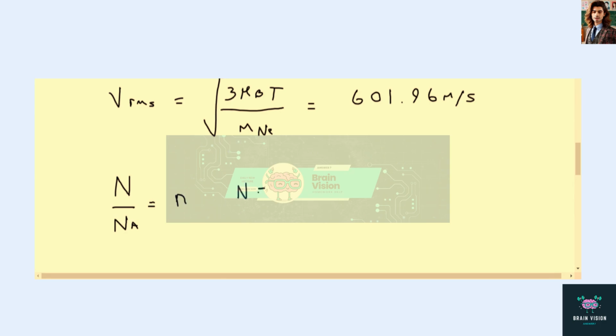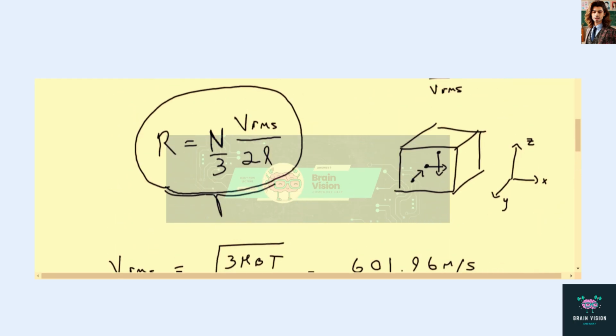Or if we multiply both sides by Avogadro's number, we'll have Avogadro's number times the number of moles gives us big N. And since we have 1 mole of gas, we just have Avogadro's number worth of atoms, which is 6.023 times 10 to the 23rd atoms. All right, so now we have everything we need to plug into our equation here.